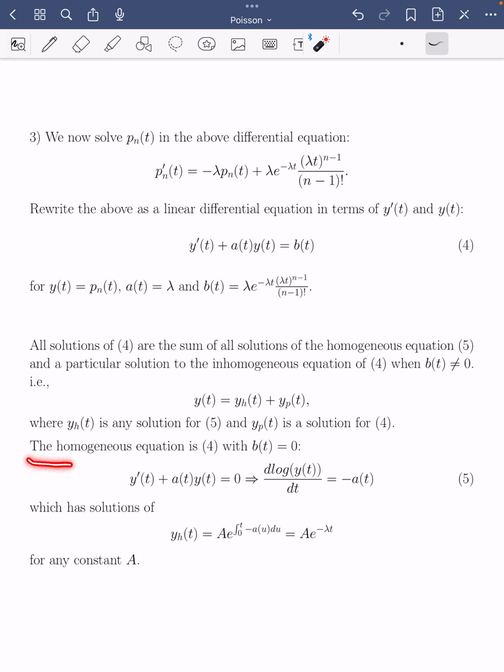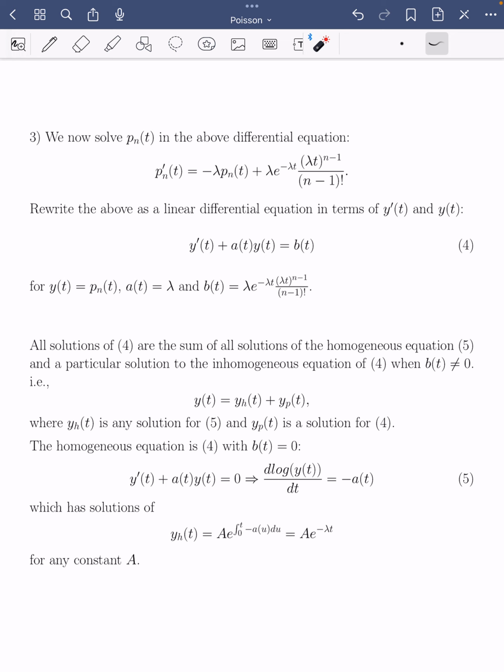So the homogeneous equation is number 4 with b(t) equal to 0. By solving this equation, we know that the derivative of the log of y(t) is just equal to minus a(t). And then the solution of this equation, we write y_h(t), is equal to A times e to the power of the integral from 0 to t of negative a(u) du.